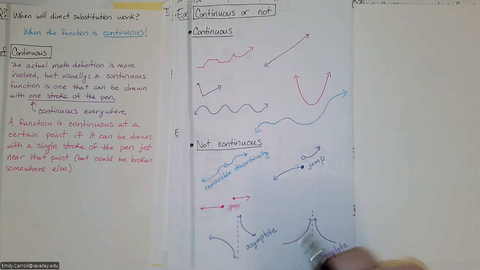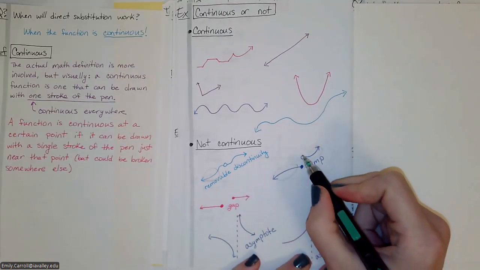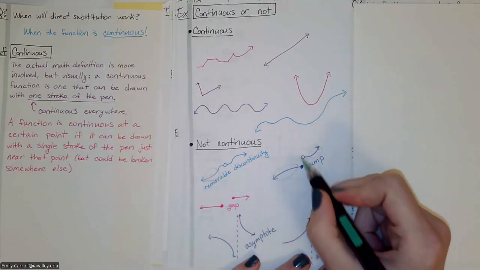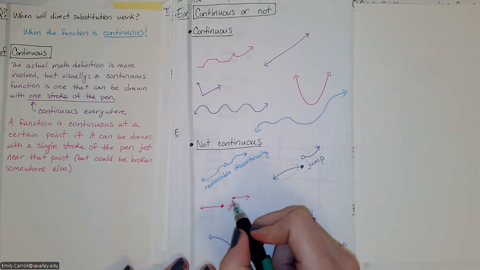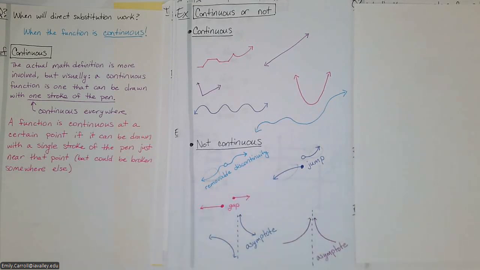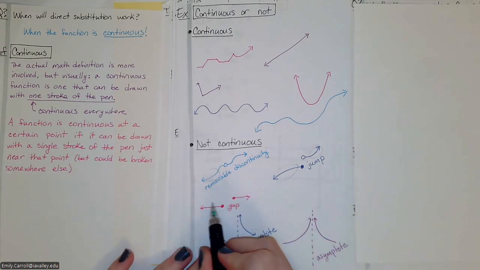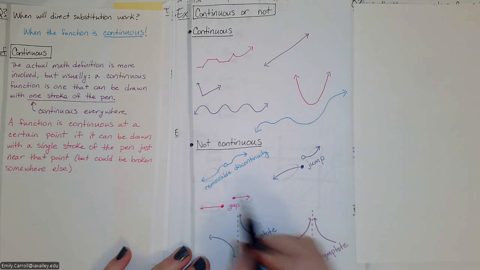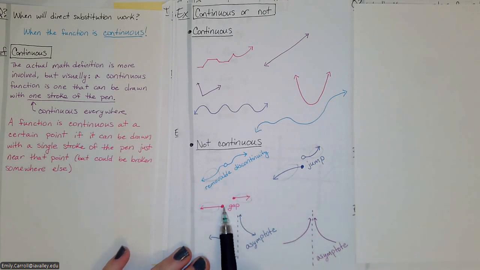Same idea with a gap. I'm picturing these 2 points here have the same y value, and these 2 points have a different y value. Doesn't matter, it's still discontinuous there. This one is still continuous for all of that and all of that, just not at these 2 points or anything in between.